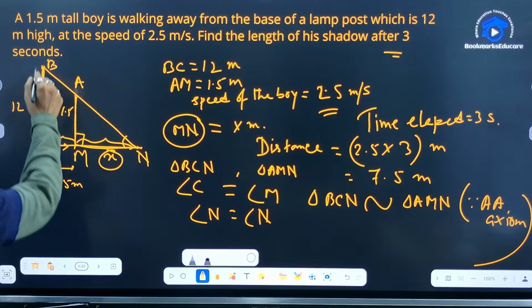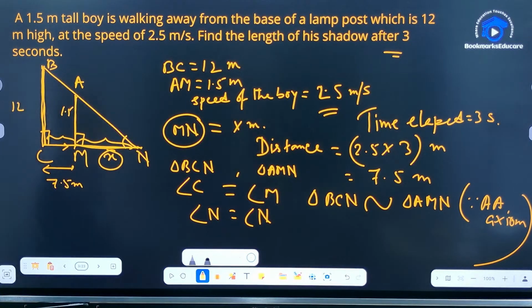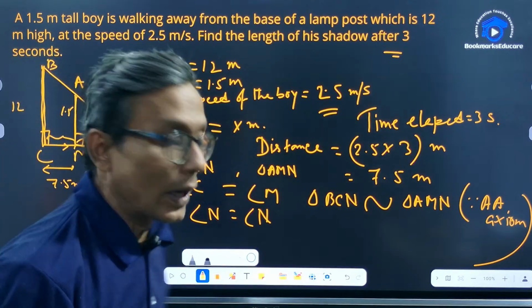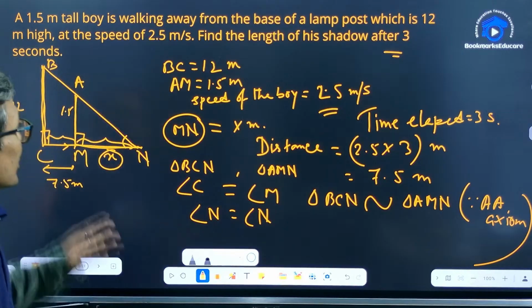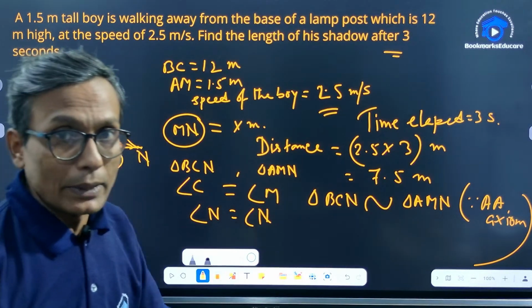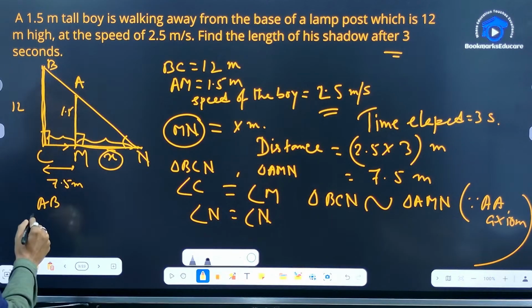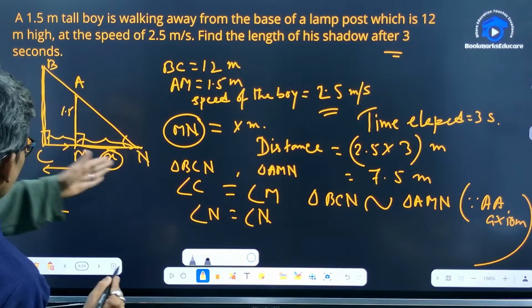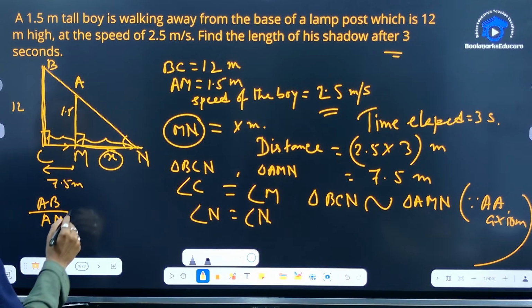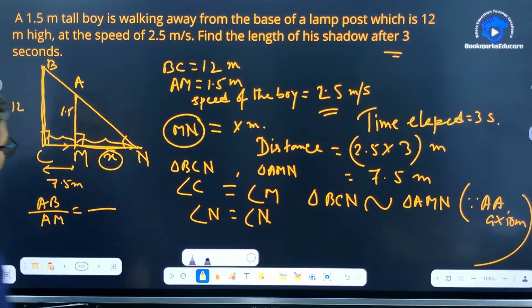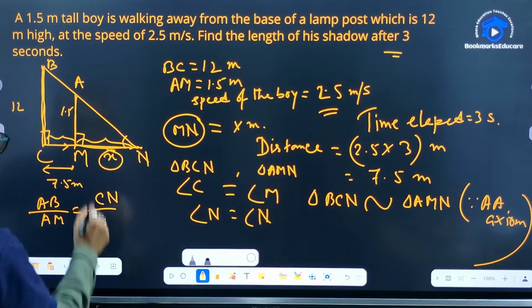Since these two triangles are similar, the ratio of their corresponding sides are equal. So AM by MN is equal to CB by CN.